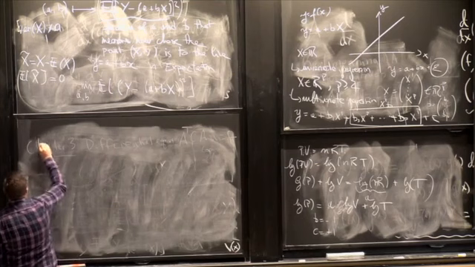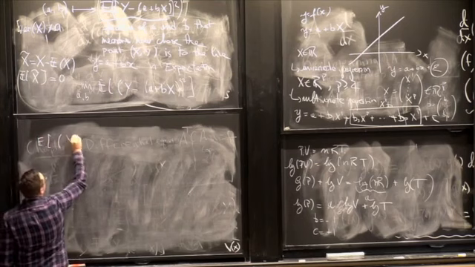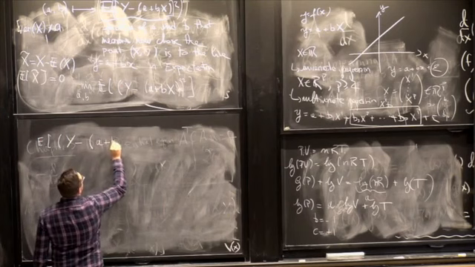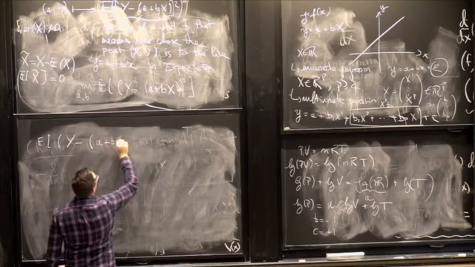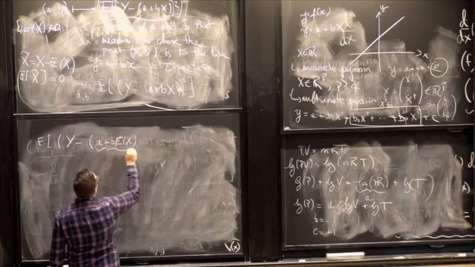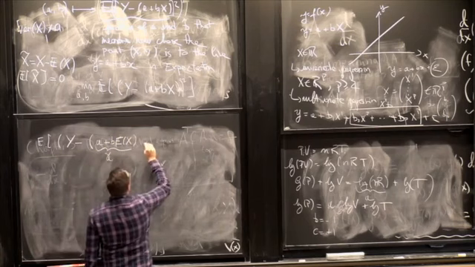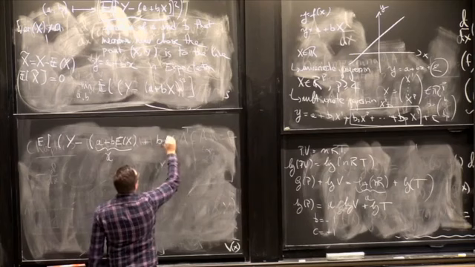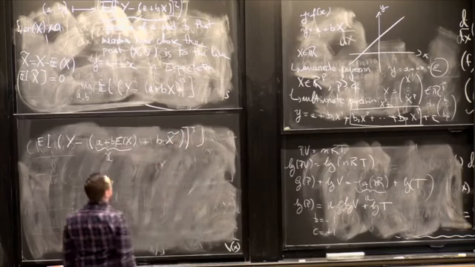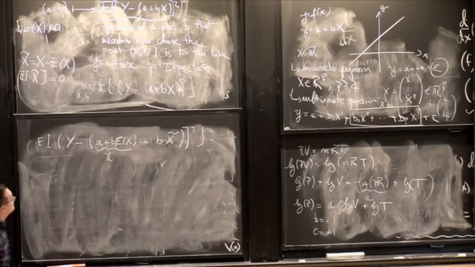So I'm going to write this as the expectation of y minus a plus b times the expectation of x, which I'm going to call a tilde, and plus b x tilde. Okay? And everybody agrees with this?